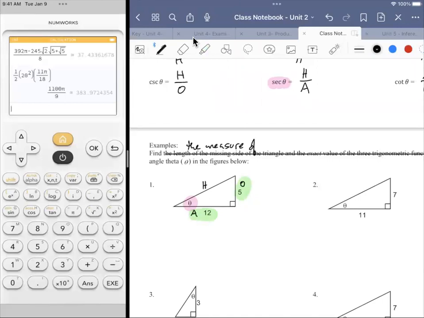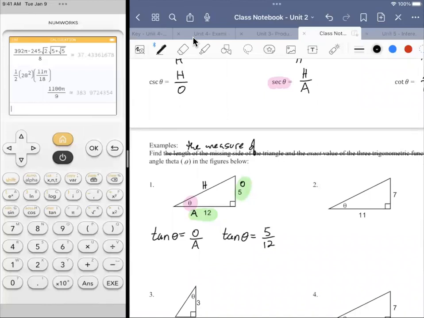I don't know the hypotenuse. I could solve for it easily enough, but I don't need to in order to figure out what theta is. So I have an O and an A. One ratio I can create with an O and an A is the tangent function. Tangent of theta is equal to the opposite over the adjacent, so tangent of theta is equal to 5 over 12.